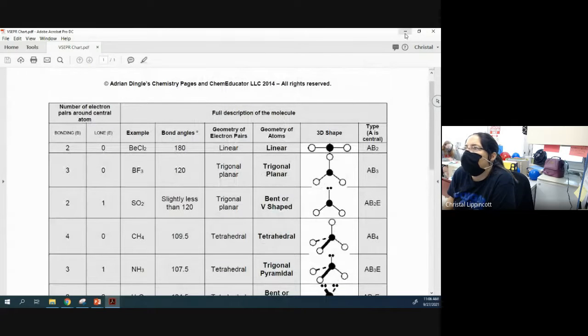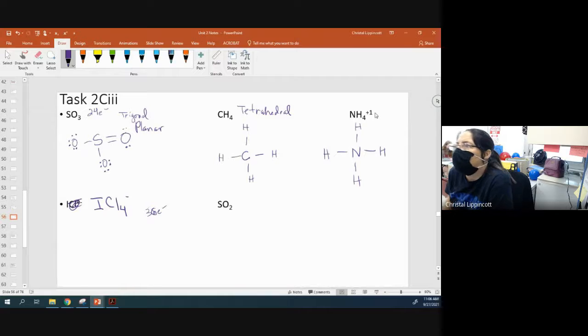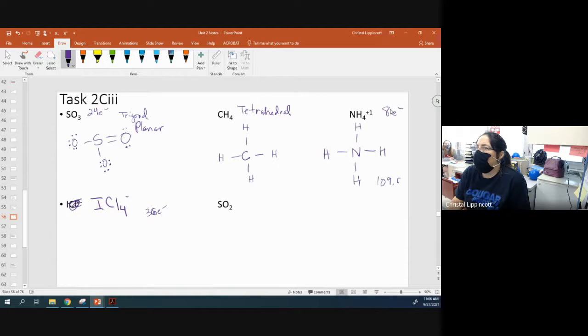It's a +1, not a -1, so it's 1 electron away. Here you should have had 9, but because it's a +1, you only have 8 electrons. Correct? Yes, this one's tetrahedral and it's 109.5.